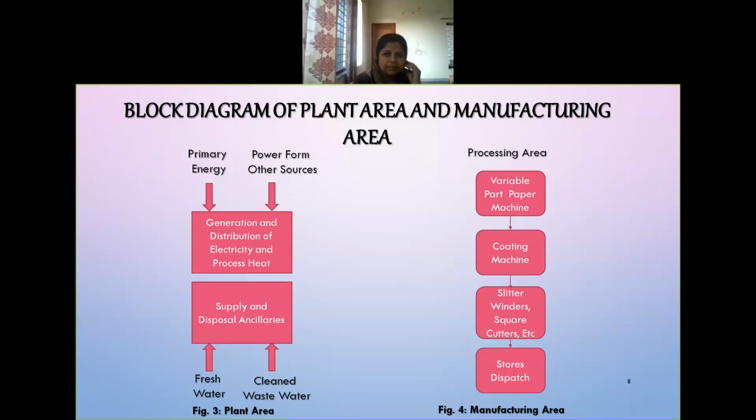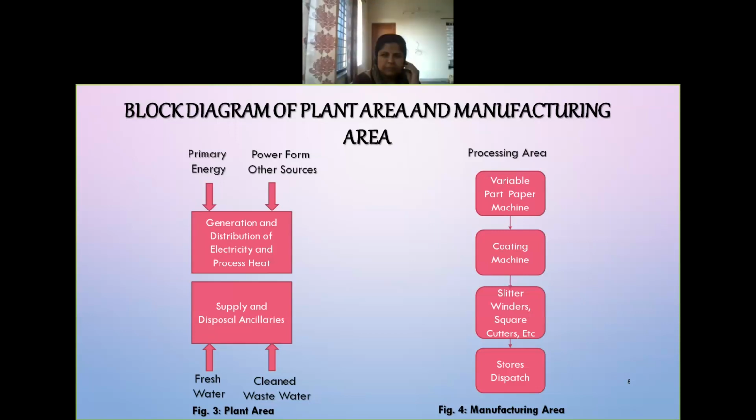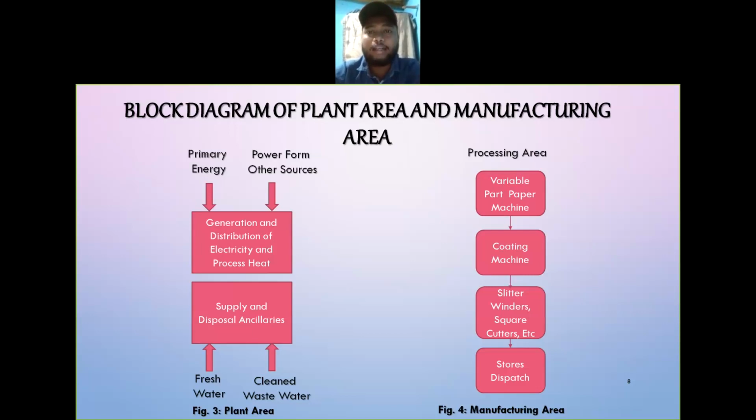Let us move to the block diagram of the plant area and manufacturing area. Paper manufacturing initially takes three materials: pulp, waste of trees, and the bamboo tree. The chips of pulp are passed through the beaters, which consist of brushes, and it is stored in one chamber where 99.5% of water is added, and the rest is pulp.